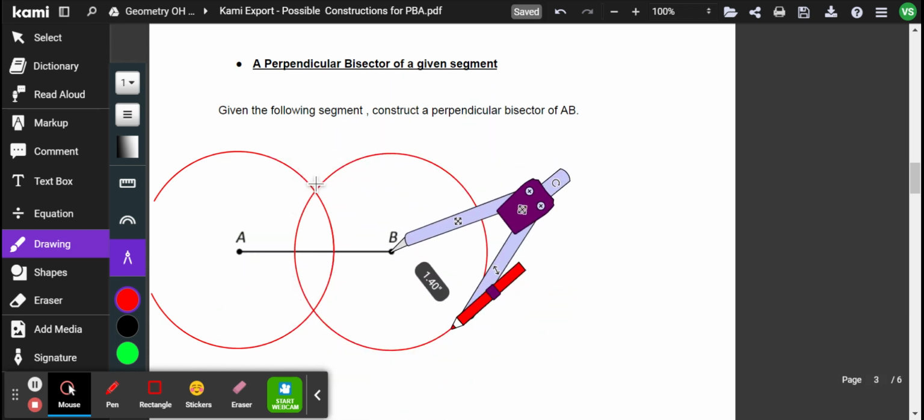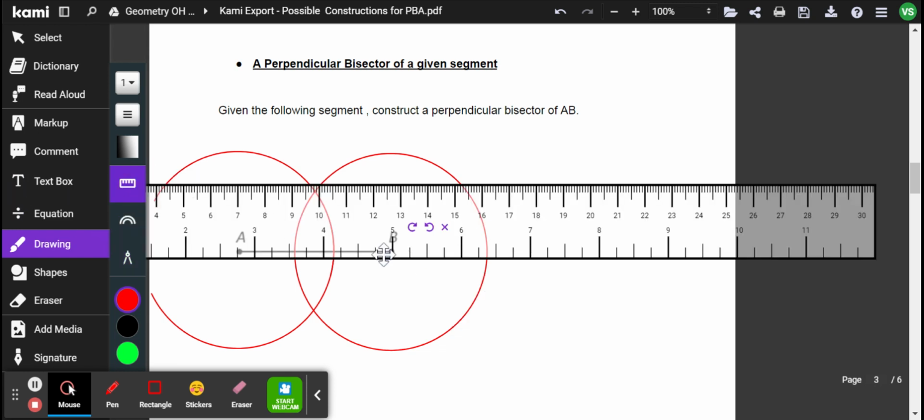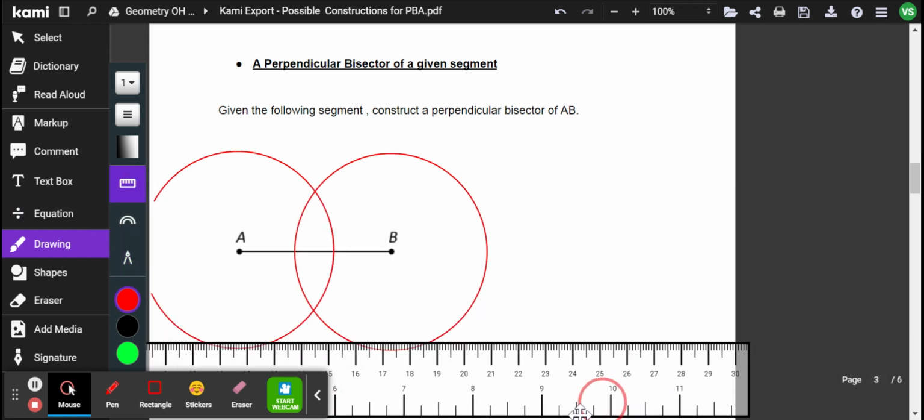If you notice, these two intersections are equidistant from A and B. This A to here is the same distance as from here to B. And once we do that, we can take our rulers and join those two points.